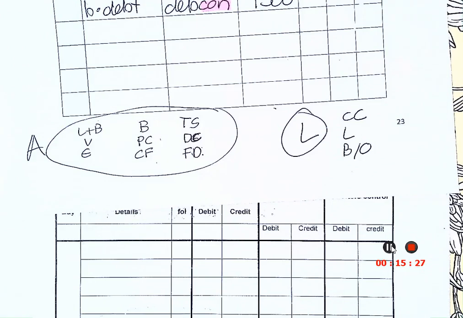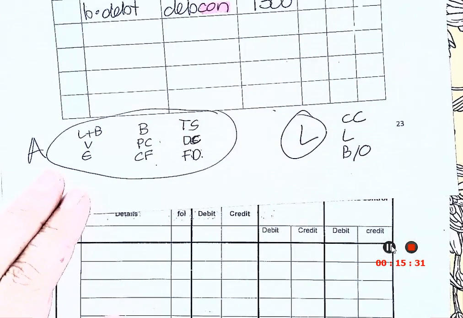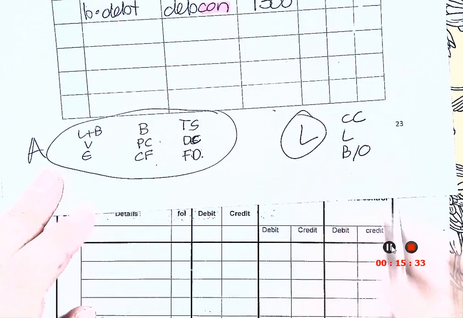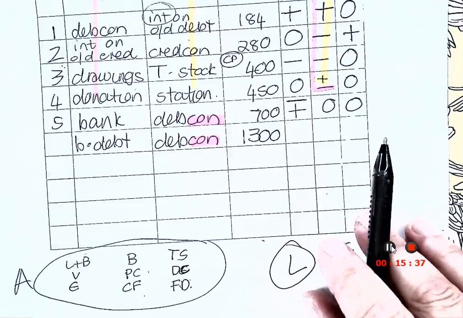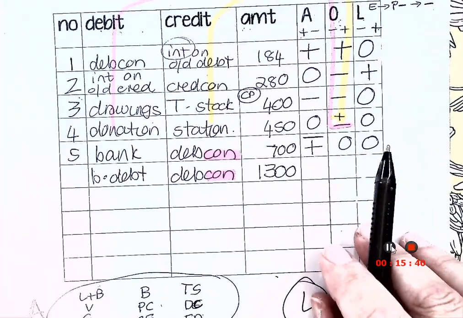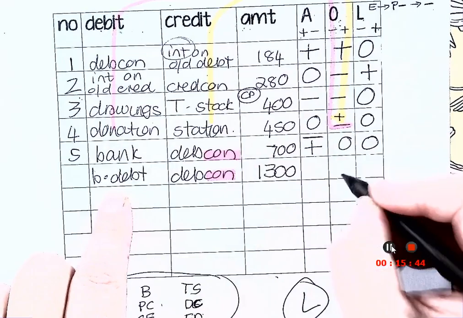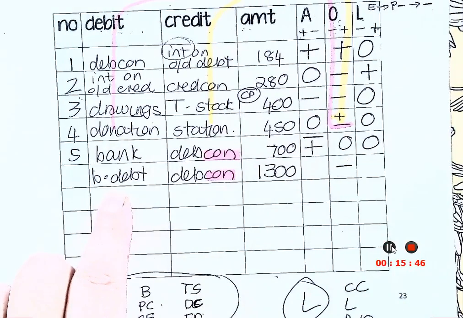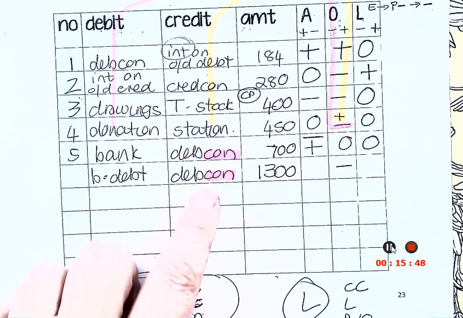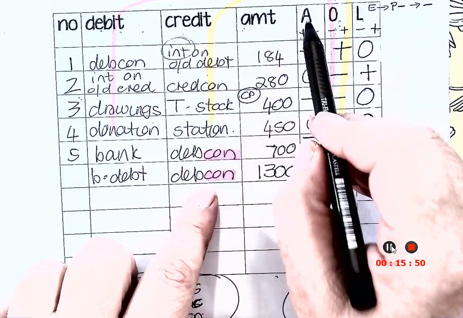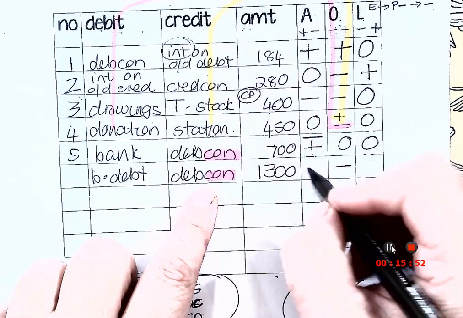Okay. You can, when you get your paper, quickly write down these things. Let's check. Is bad debt here? No. So it's owner's equity. So I go look. Owner's equity, debit side, it's a minus. Debtors is an asset. Credit side, it's a minus.